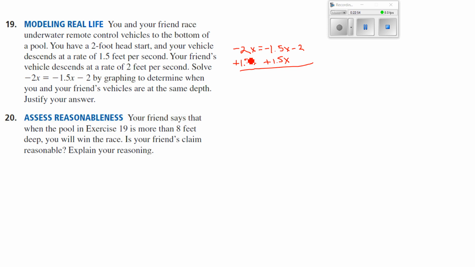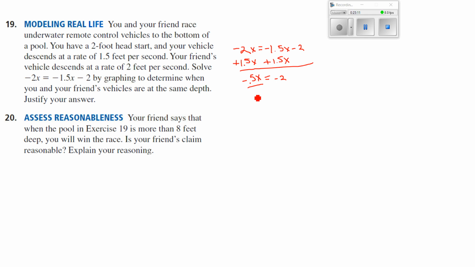When my signs are different, we find the difference. 2 minus 1.5 is 0.5. And then we keep the sign of the bigger number. And that was 2, so this would be a negative 0.5x. This is going to equal negative 2.